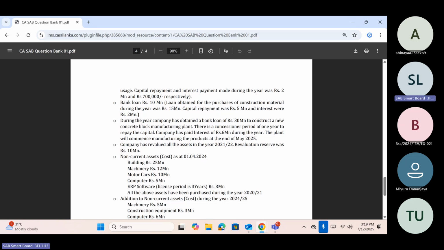How many years? 20 years. You can claim from 2021: 1, 2, 3, 4. 4 years they have claimed, and 16 years we have. Therefore, that means we can claim how much?